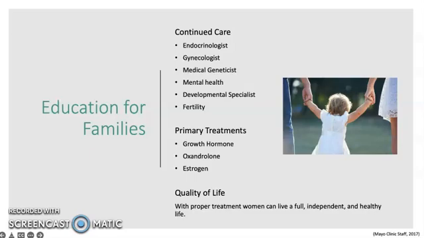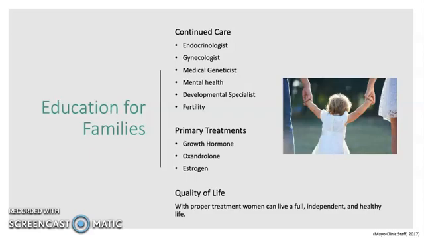I just listed a few examples here: endocrinologists, gynecologists, geneticists, mental health providers, which is very important to help them work through any societal anxiety or depression that may come from this diagnosis, developmental specialists and fertility specialists, specifically when the female is in adulthood, and if she does want to have children someday, working with a fertility specialist will be really important.